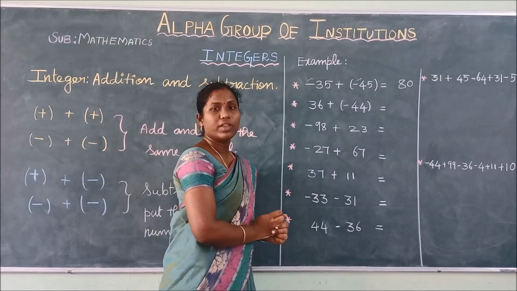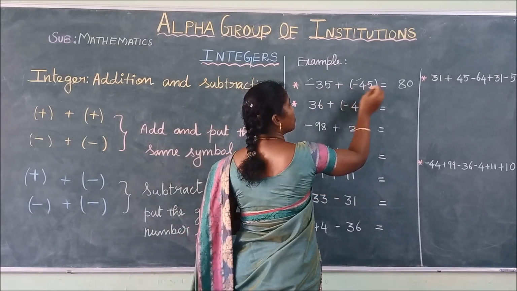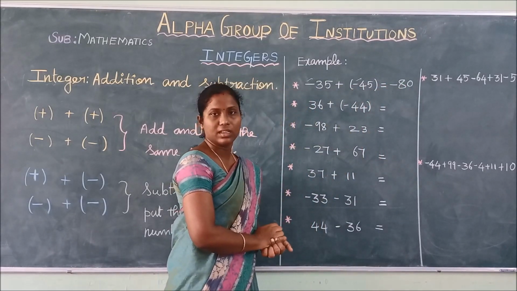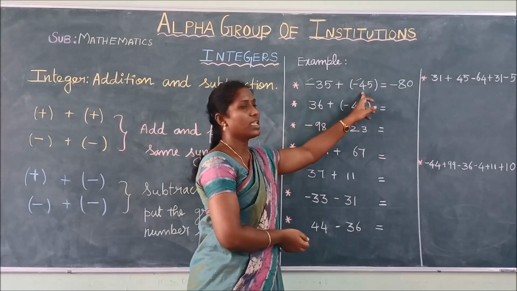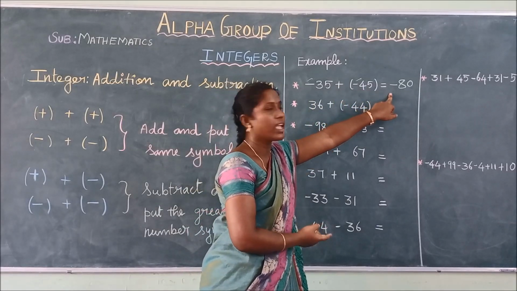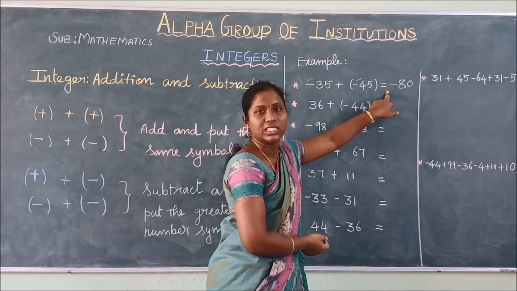We put the same sign. What is the sign in both numbers? Minus. So the answer is minus 80. For integers with the same sign, we add and put the same sign.